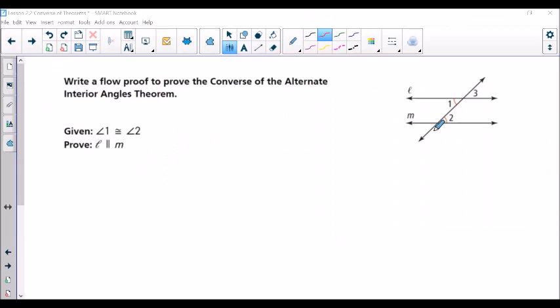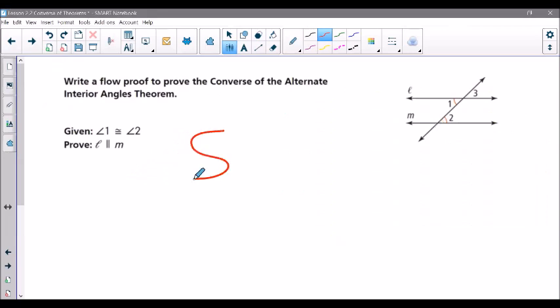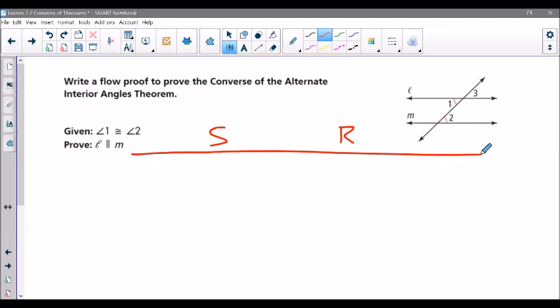All right, so we have our statements, and we have our reasons. Step 1, always write down your givens. That's the easiest way to get 1 out of 5 points on these proofs, is to write down your givens.